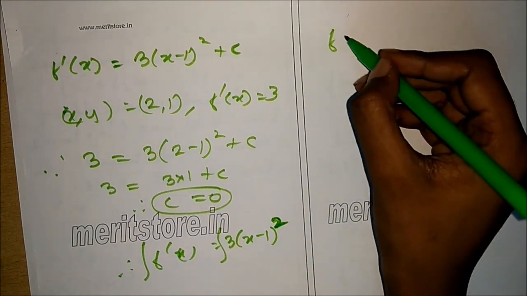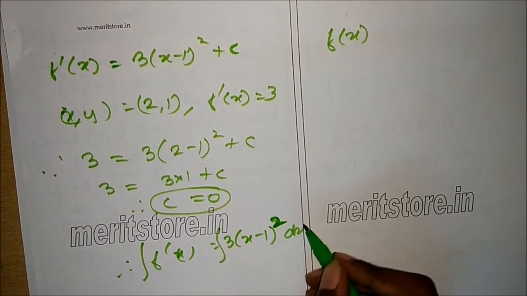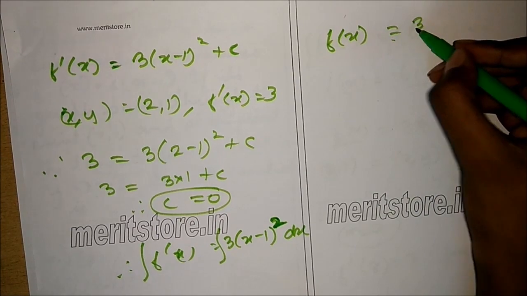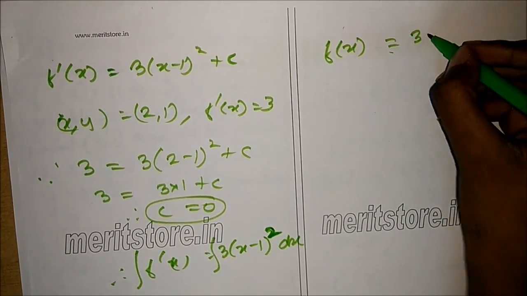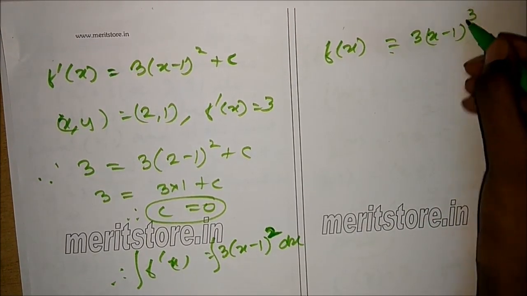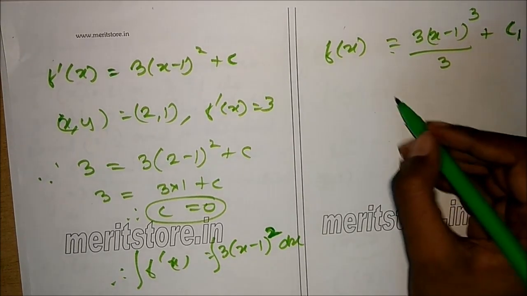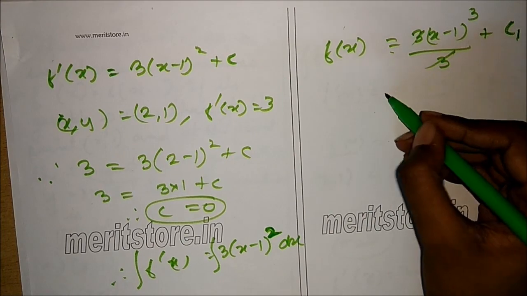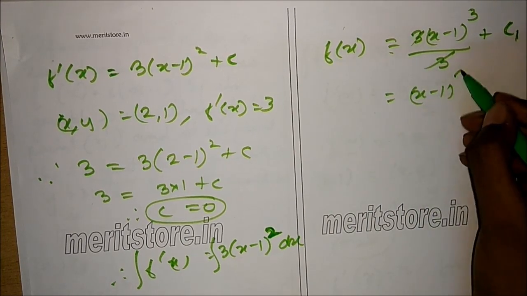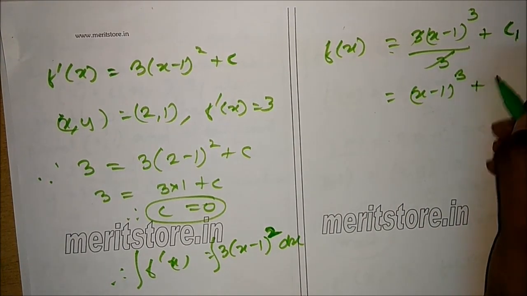So f of x equals the integration of 3 into (x minus 1) the whole square, which is 3 into (x minus 1) the whole cube divided by 3 plus c1. So 3 gets cancelled. This will be (x minus 1) cube plus c2.